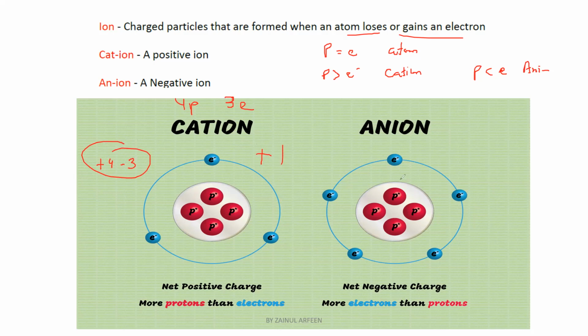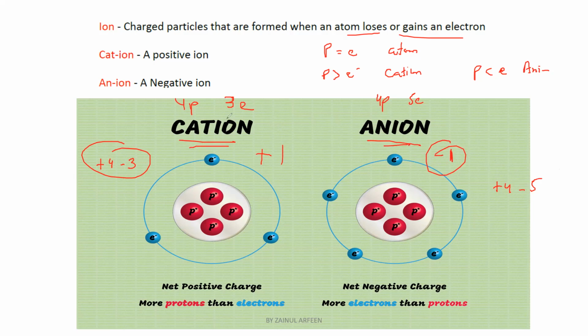And when you check the other one, it contains 4 protons and 5 electrons. So when you work out the charge, 4 protons means plus 4, 5 electrons means minus 5. So the total charge will come out as minus 1. So the negative ions are known as anions, whereas positive ions are known as cations.